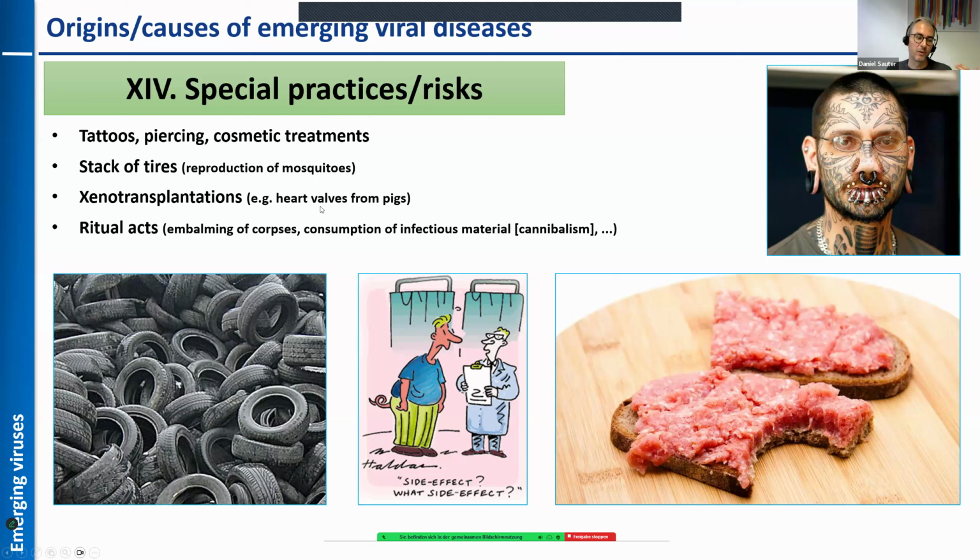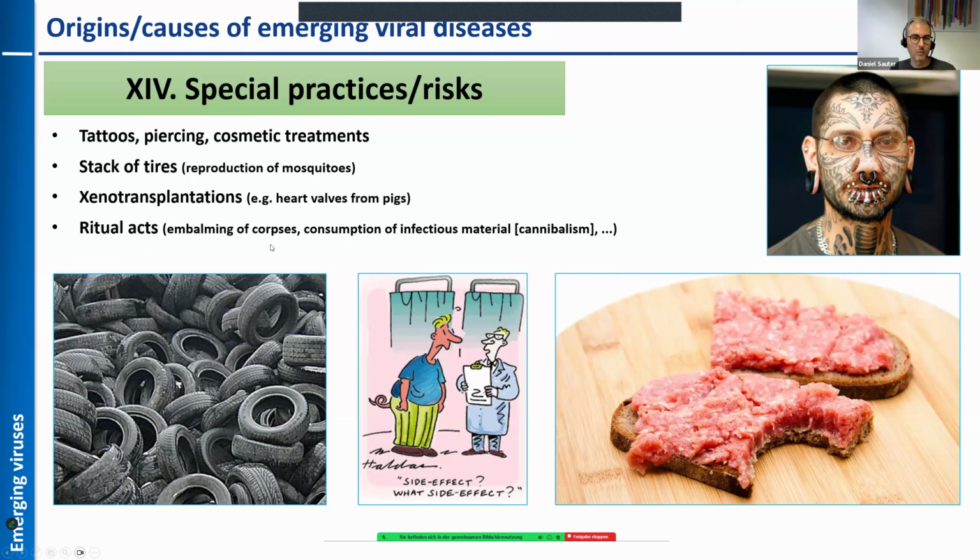Then we briefly talked about xenotransplantations, which would also be a special practice or risk procedure that could enable the transmission of an animal virus to humans. And also certain ritual acts or religious procedures. Like decades ago, consumption of human meat was actually practiced in some peoples in Papua New Guinea, which allowed the transmission of certain prion diseases, or contact to corpses.